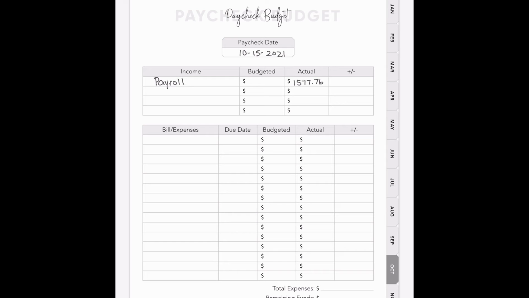So I have the Chime, which is actually $100. I have the credit union, which is 105. I have savings, and that's 140. Project fund, which is 100. Cash envelopes, which is 360.